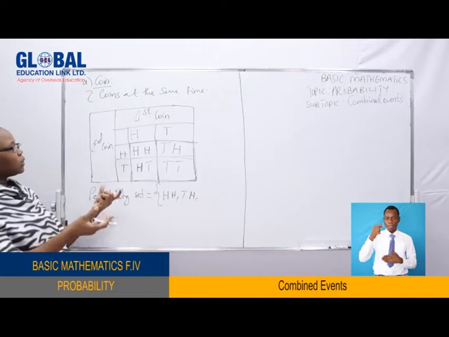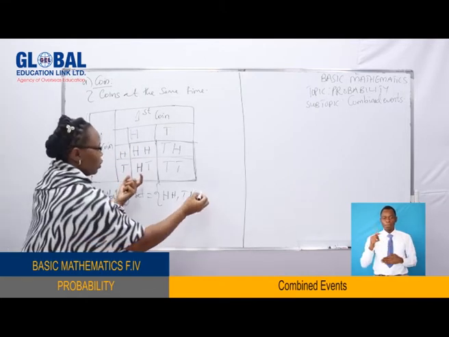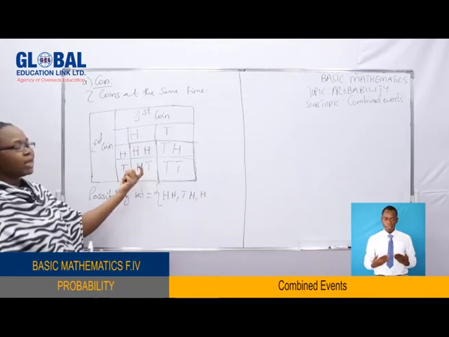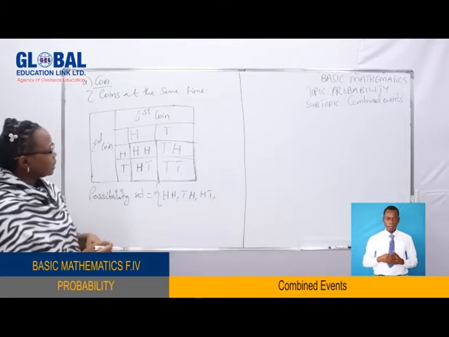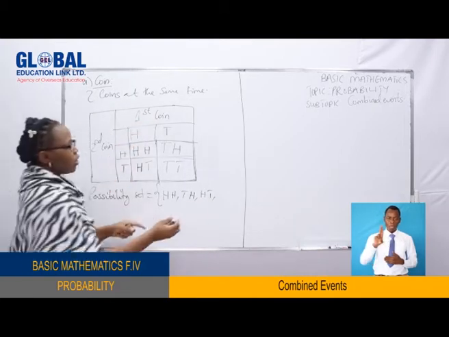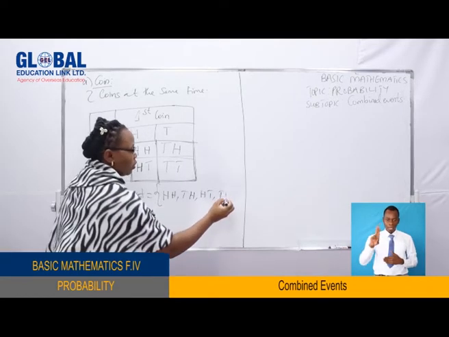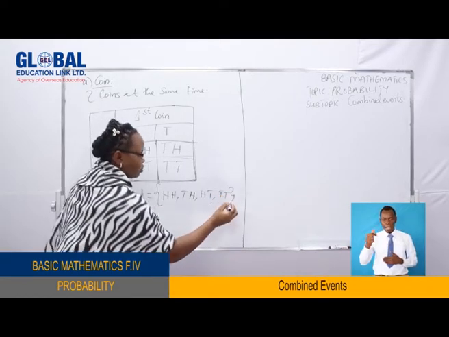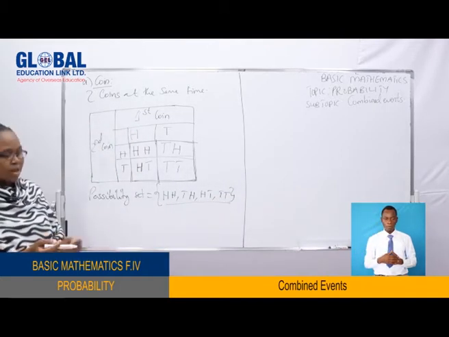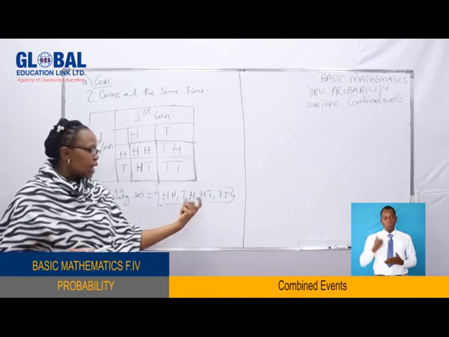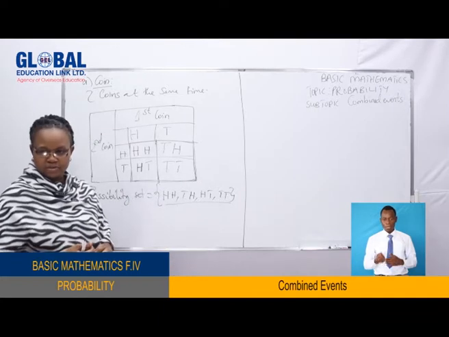Or the first coin shows head, while the second coin shows tail. And then the last, when the first coin shows tail, the second coin shows tail also. So these are the possibility sets in a combined event.